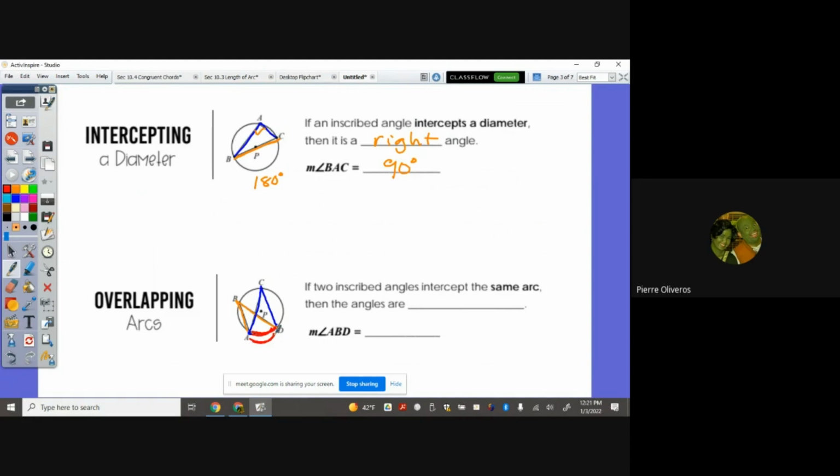So if two inscribed angles intercept the same arc, then the angles are congruent. And the measurement of ABD is equal to the measurement of angle ACD.